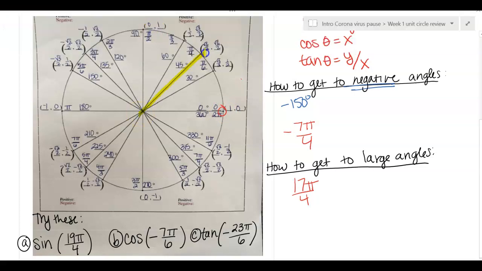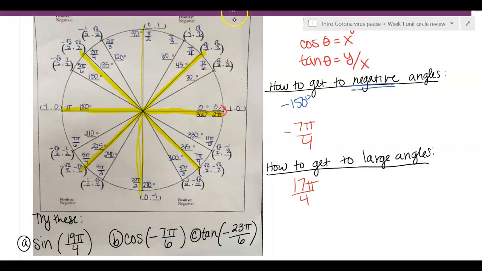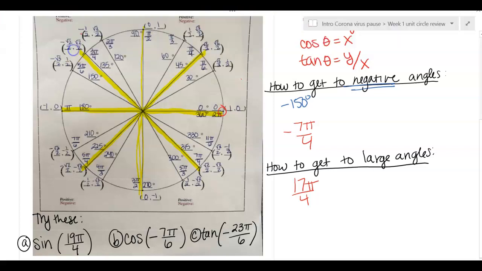So here's a pi over 4. You need to recognize that those are every 45 degrees. And so here would be all the pi over 4s highlighted on the graph. And I could literally just keep going and count them in the positive direction. So this is one method, is counting.